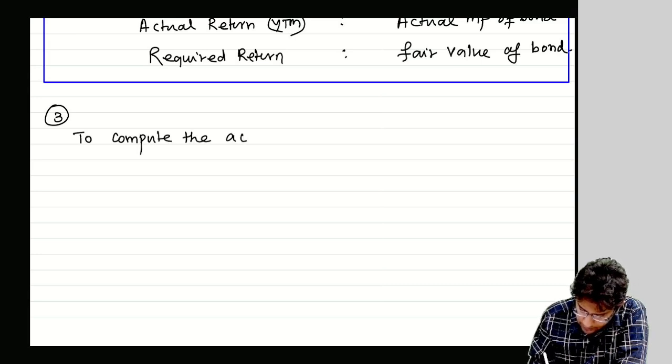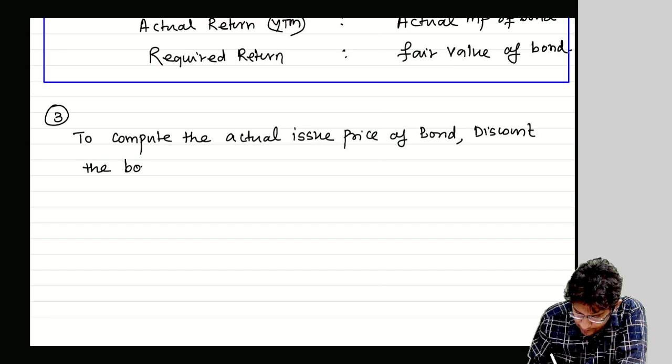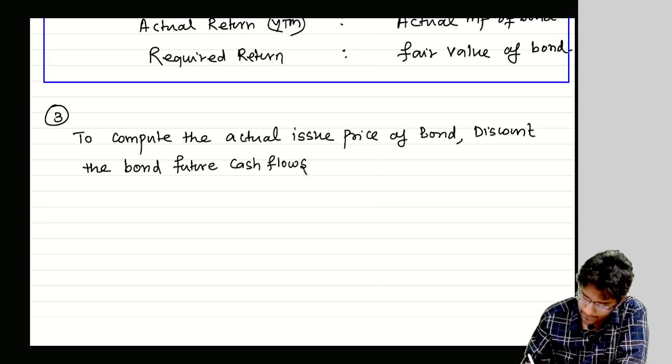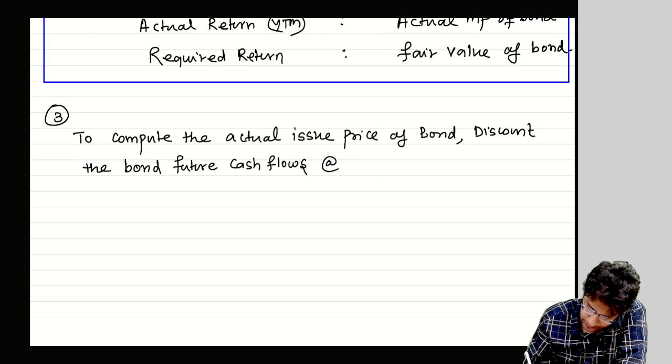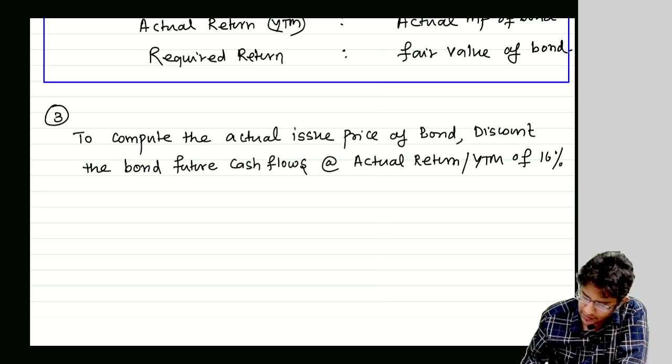To compute the actual issue price of the bond, discount the bond's future cash flows at the actual return, that is the YTM, of 16%.